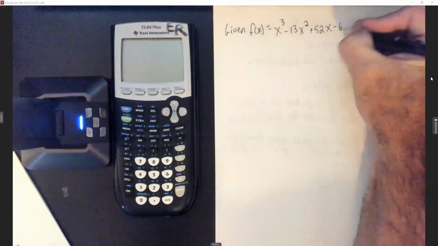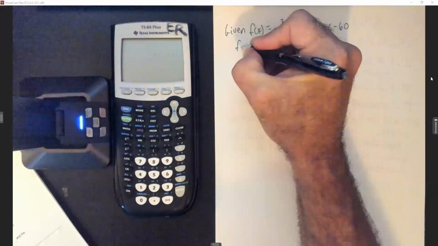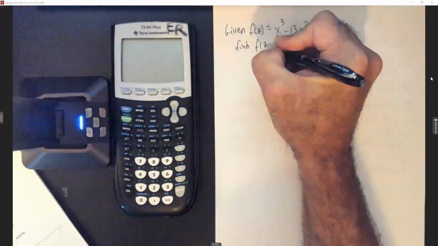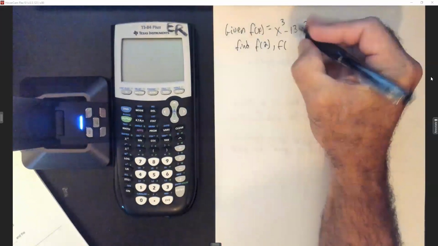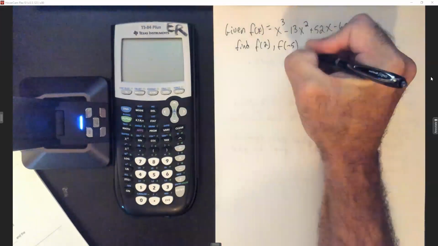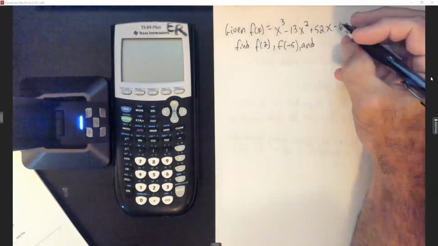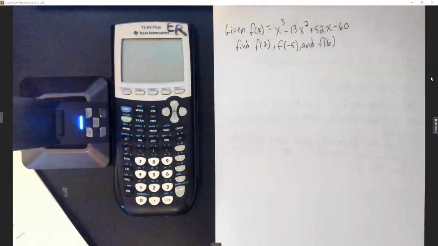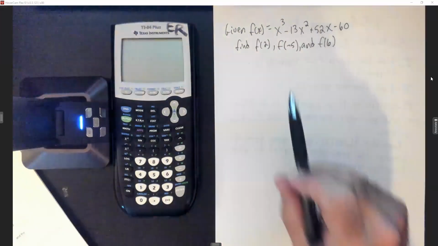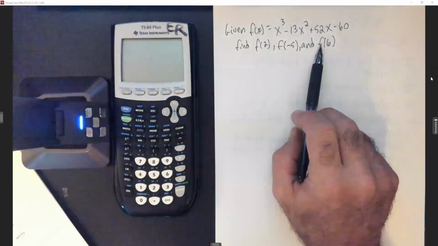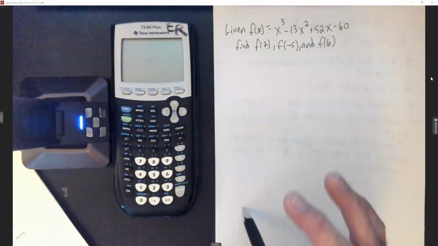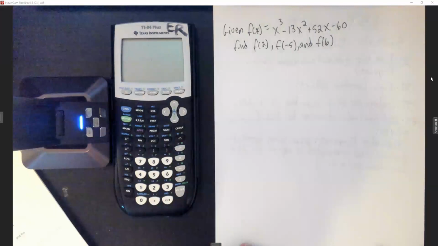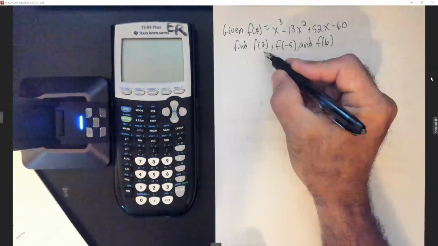They want me to find f of 2, f of negative 5, and f of 6. So basically, I got three things they want me to find. So I'm going to find each of these individually, okay? So first, I'm going to work on f of 2.